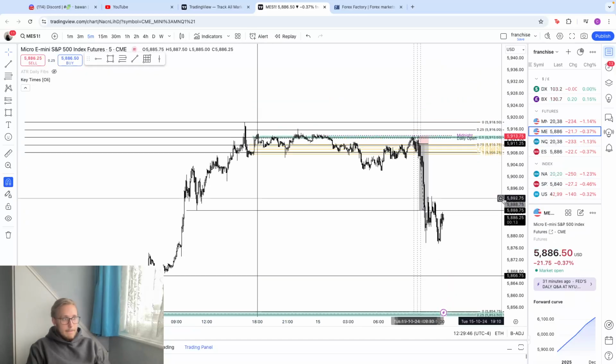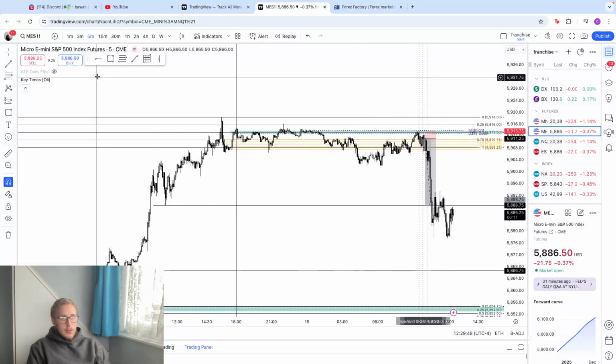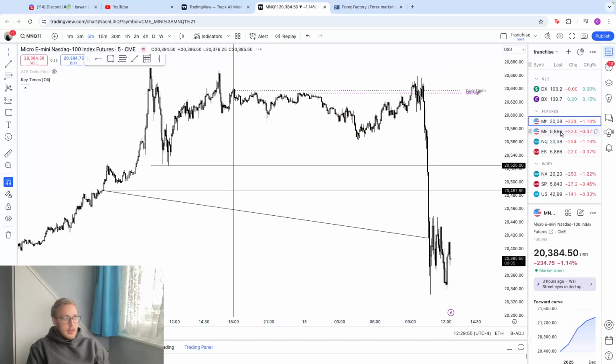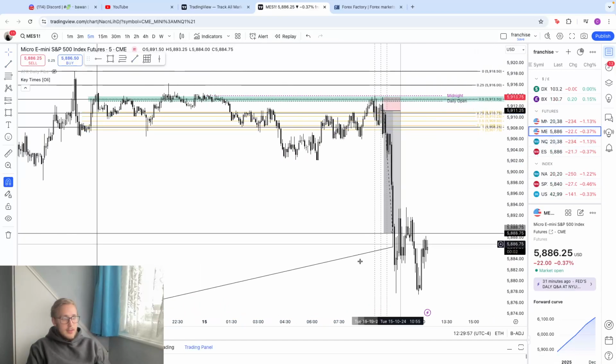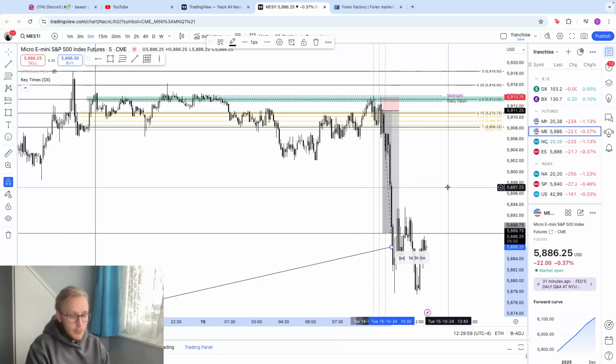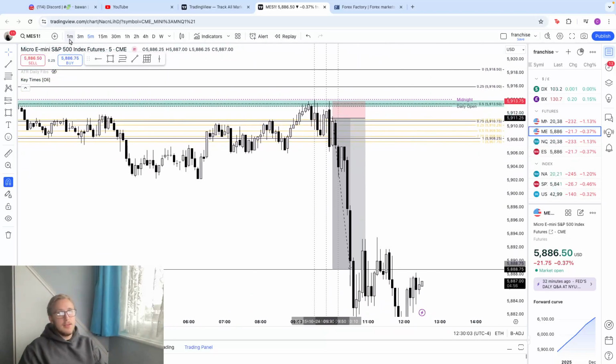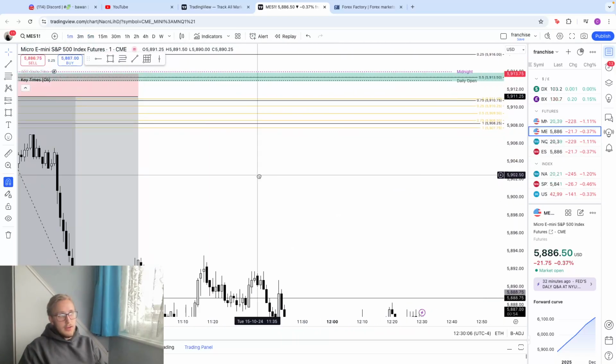ES would have been from here to the 10:30 wick. So there's your SMT for profits. So you could have used that to take full out. But yeah, literally a perfect day to trade.